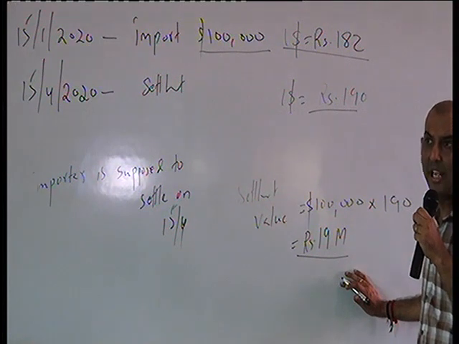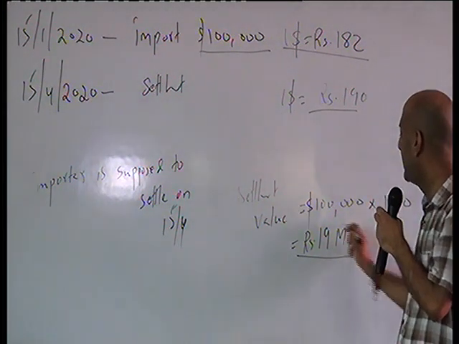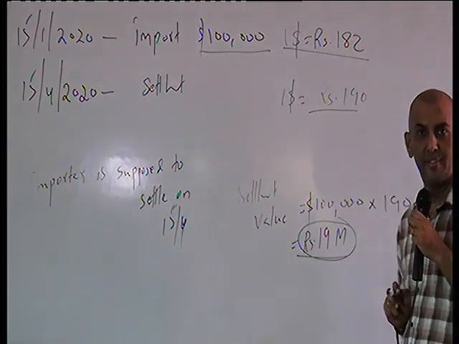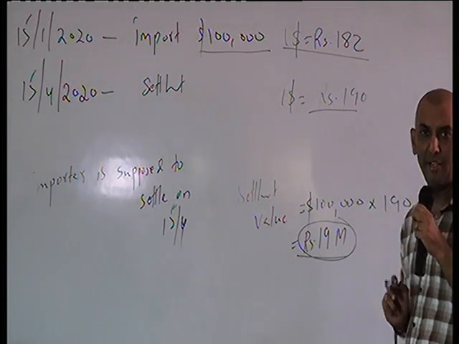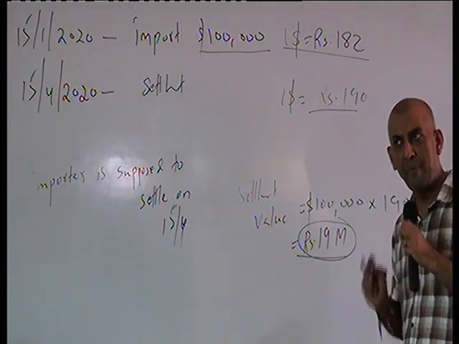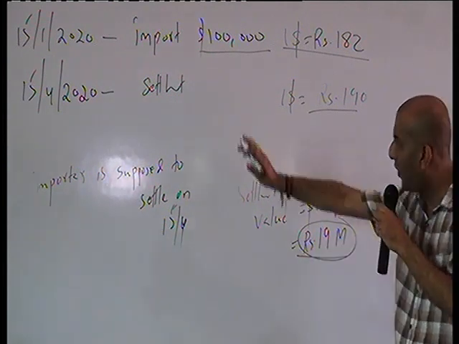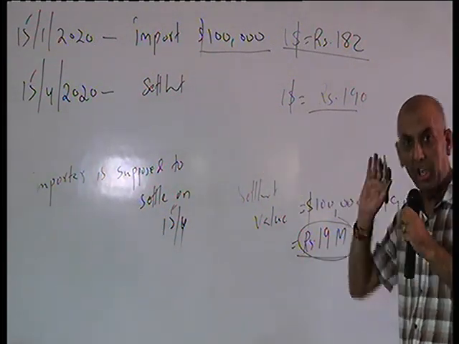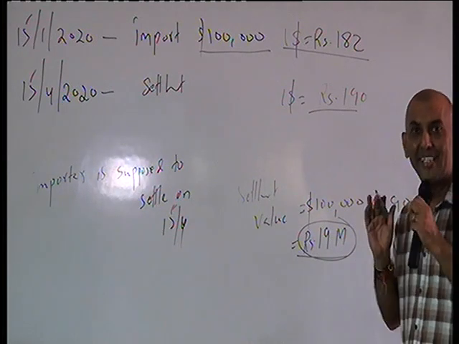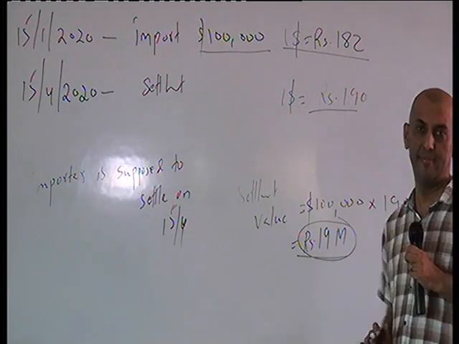So 19 million rupees is the settlement value. So the company and the bank agree to do this transaction on 15th of April 2020. Accordingly, the company's settlement value is 19 million.